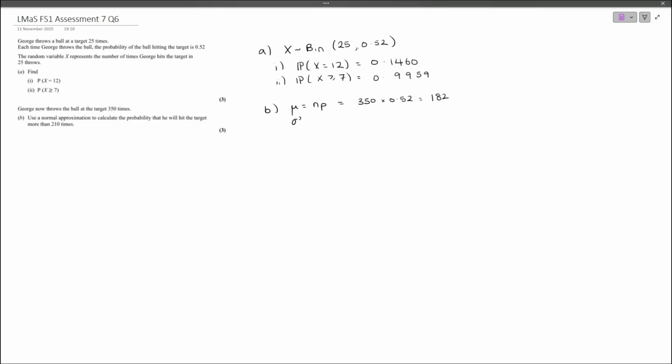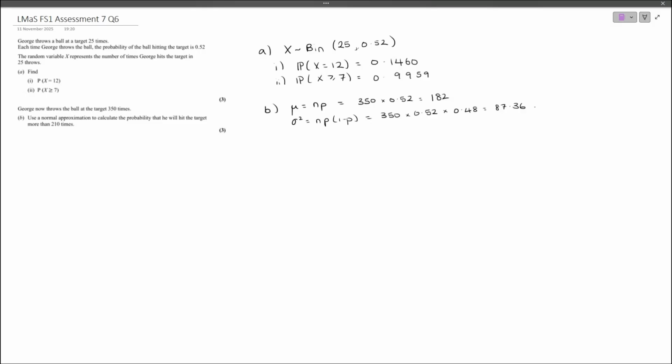Our variance sigma squared is equal to np(1 - p), which is equal to 350 multiplied by 0.52 multiplied by 0.48, which is equal to 87.36.